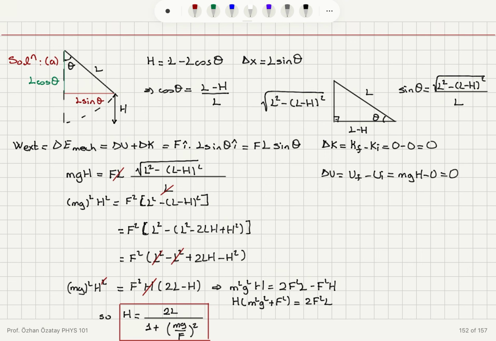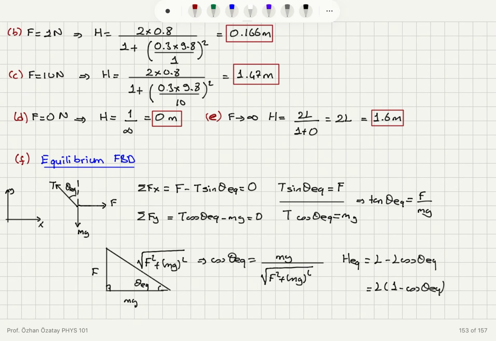This allows us to find H as 2L over (1 plus mg over F) squared. We have evaluated it for 1 newton and 10 newtons. We see that it approaches 2L as F goes to infinity, and approaches 0 as F goes to 0.